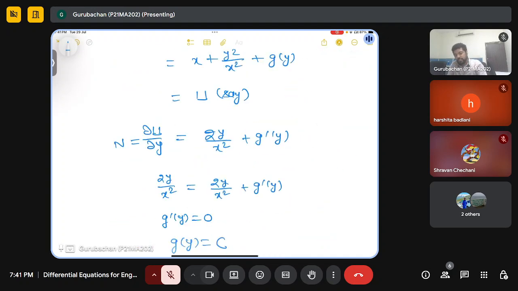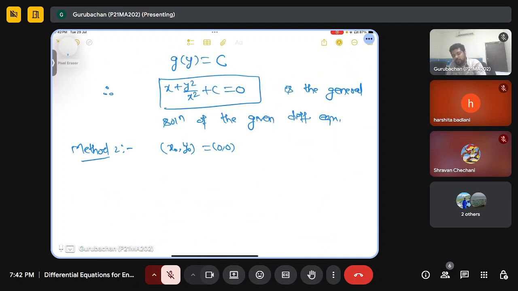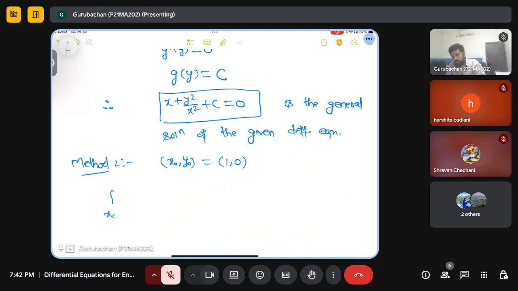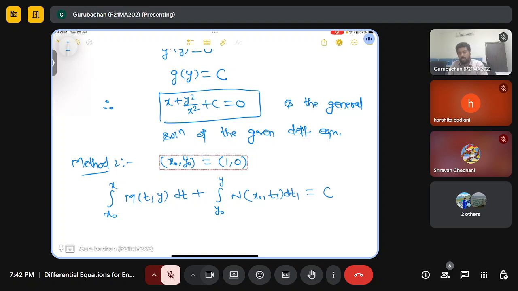So again, we have to take 1 comma 0. So let us just try with this one. What was our solution? The integral from x naught to x of M dt plus the integral from y naught to y of N at x naught, t1 dt1, is equal to some constant.